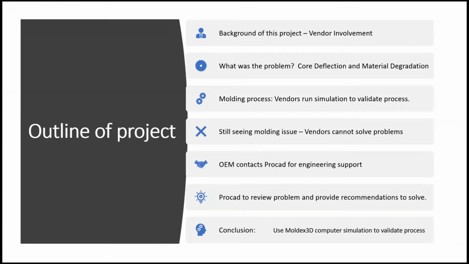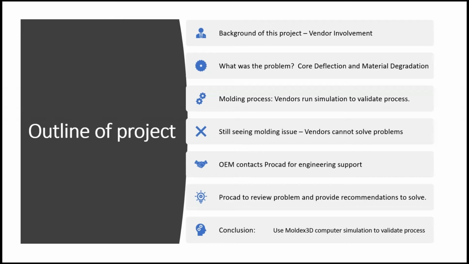A brief outline of this project: we want to talk about the vendor involvement and how the vendors worked with each other, go into more detail of the core deflection issues that we found and the material degradation that they saw. We want to talk about the molding process, how the vendors ran their simulation to validate their processes.